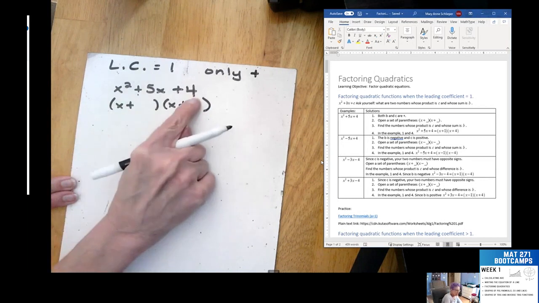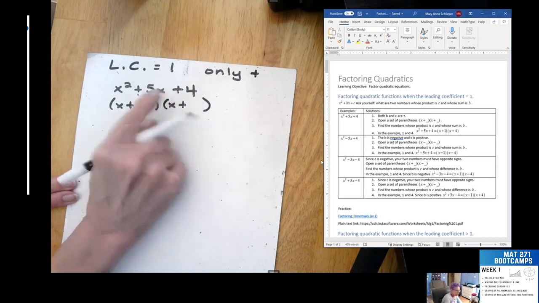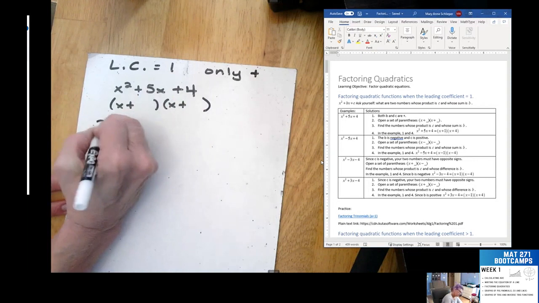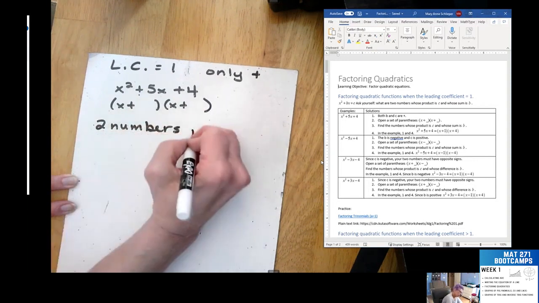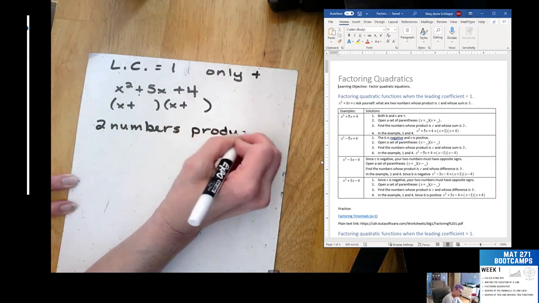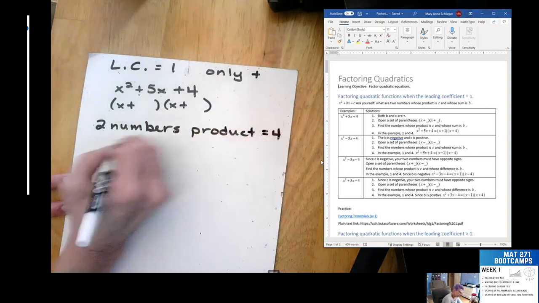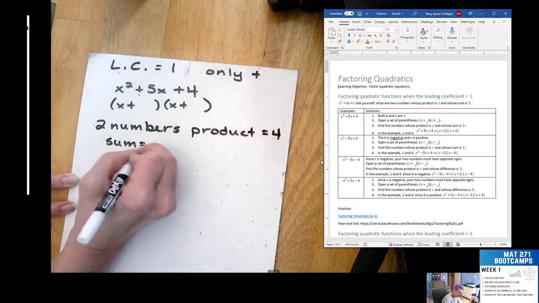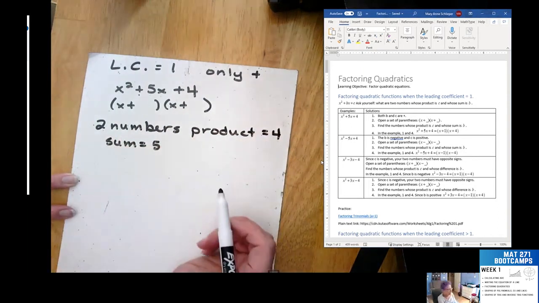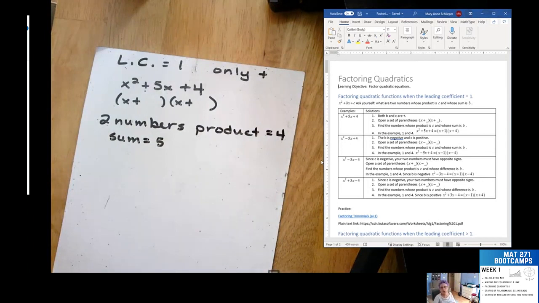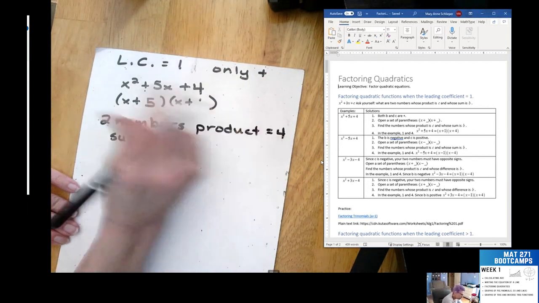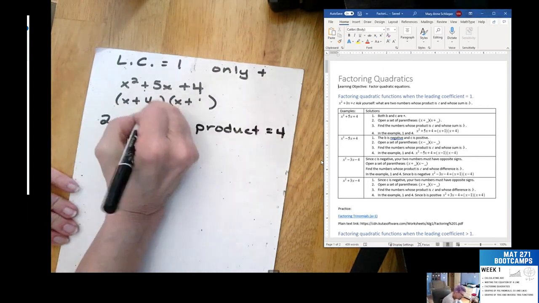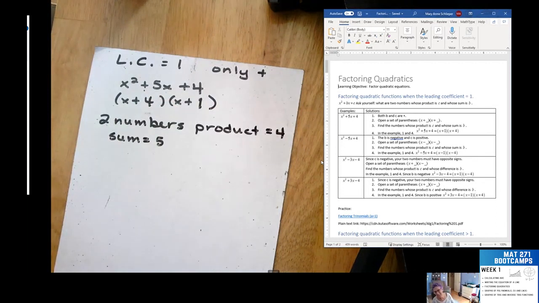So we need two numbers whose product is 4, whose sum is 5. Well, 4 is equal to 2 times 2. 4 is also equal to 5 times 1. 4 times 1. 4 times 1 is the winner.